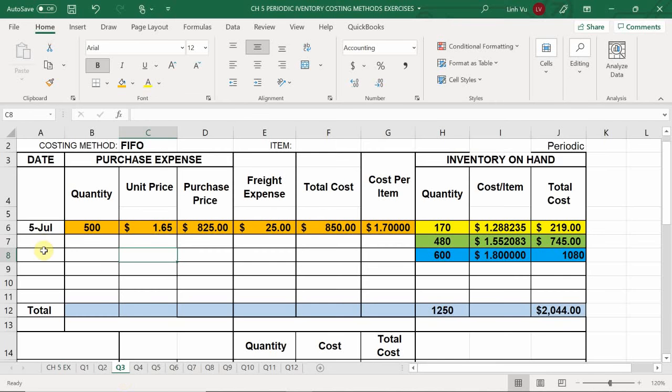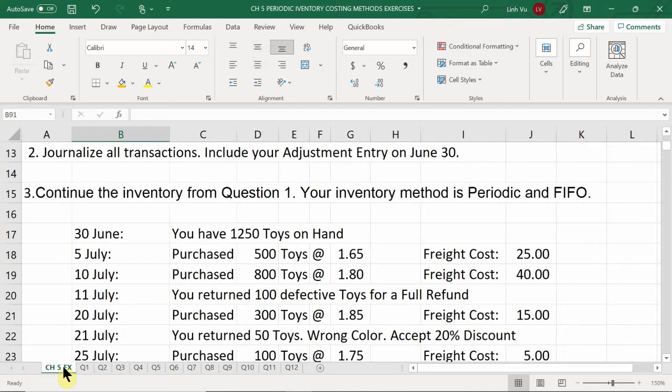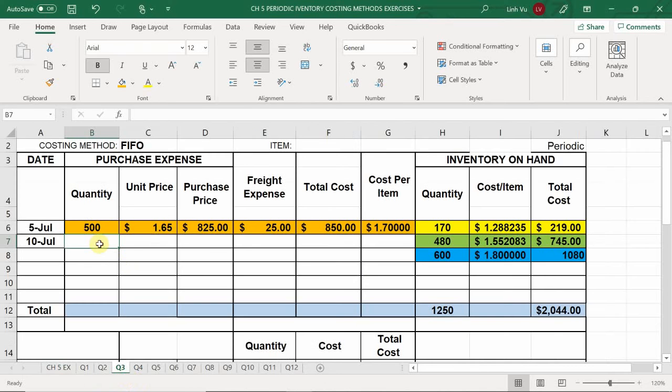Okay, so July 10 rolls around. We purchased 800 at $1.80 with a freight of $40.